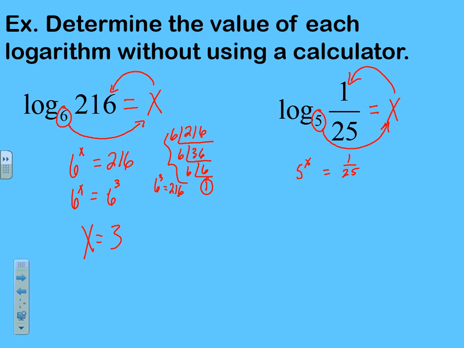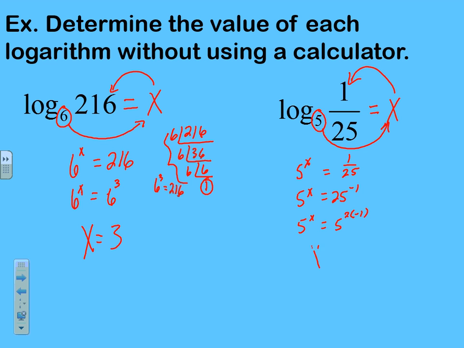And so here, again, I'm going to look at it and say, what is 1 over 25? We can say 5 to the x power would be the same thing as 25 to the negative first power, and find a common base again. How I would change 25 is I would say 5 squared, multiplied to the negative 1 there.